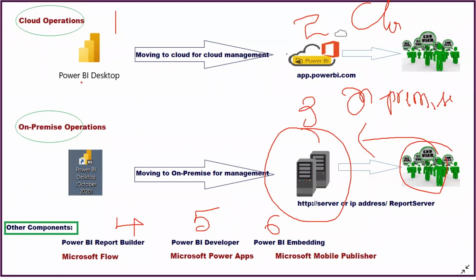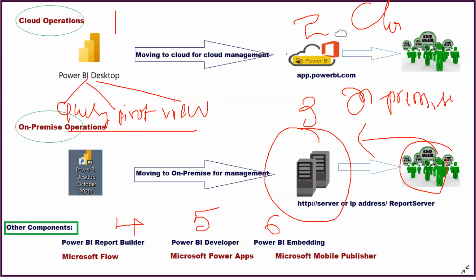But under desktop, we have concepts: Power Query, Power Pivot, Power View, etc. under desktop. Power Map also. But these are called concepts. 4 concepts under Power BI Desktop, and these are the Power BI total components. Sir, which one do we use in real time?